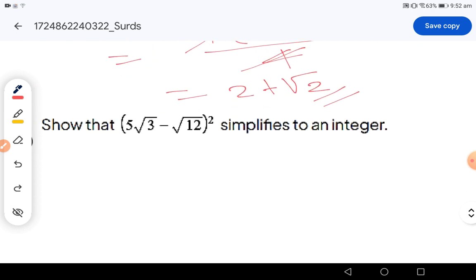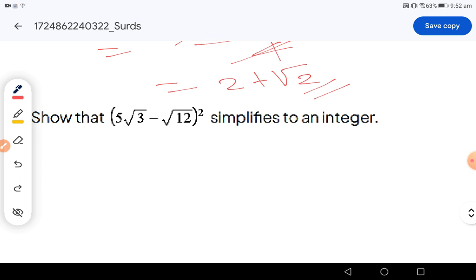Next question, 5 root 3 minus root 12, whole square. 5 times 5, 25, 25 times 3, 75, minus 2 into 5, 10, 10 into 12 into 3, 36, so write 36, and plus b square means 12, so write 12.